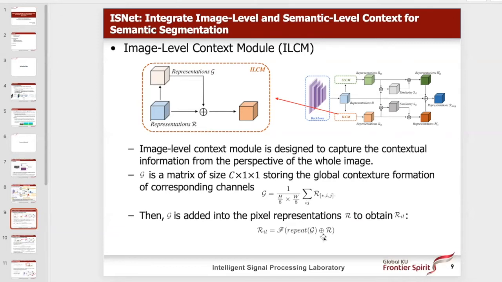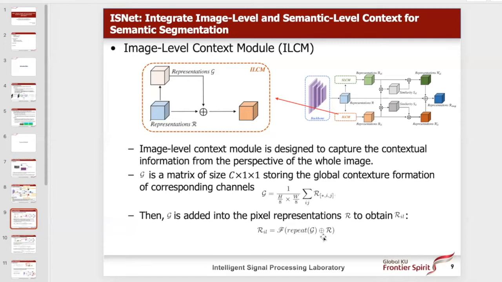So we need to do the repeat to make G have the same size as R. You are having the same spatial dimensions as R, right? That's what you are trying to do here, repeat G? Yeah, so you're having the same spatial dimensions as R and then the same channel numbers. And so your channels are doubled here when you concatenate. Okay, and so that's what the operation within the parentheses is, right? Yeah. And then what does F stand for?